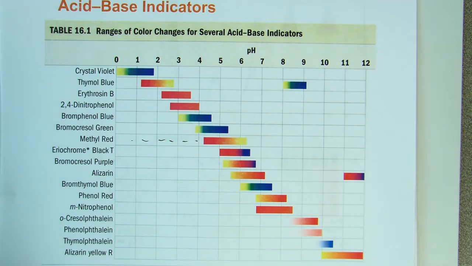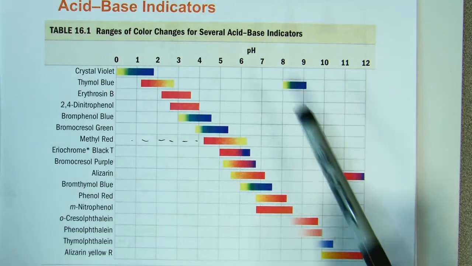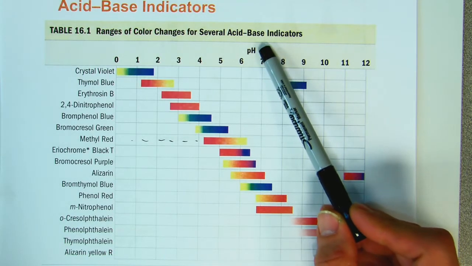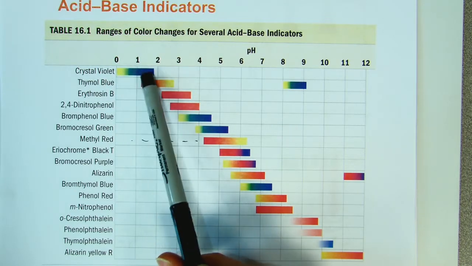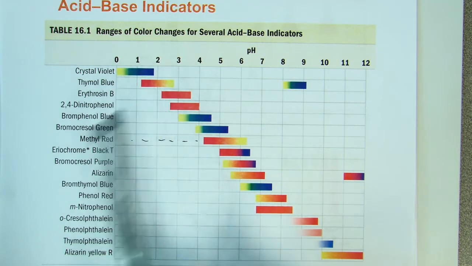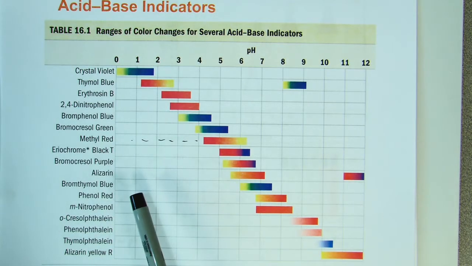But what I'd like you to do is a couple different things. One, realize that many different options exist. And these options are not the same, they're not equivalent. The reason why is because different options change color at different pH ranges. So crystal violet will change color at very low pHs, from about 0 to 2, from a yellow to a deeply colored violet.